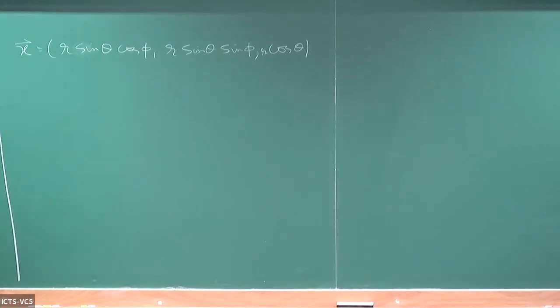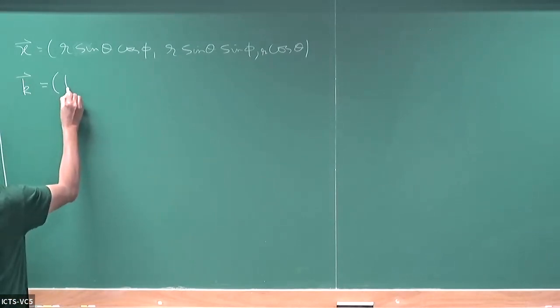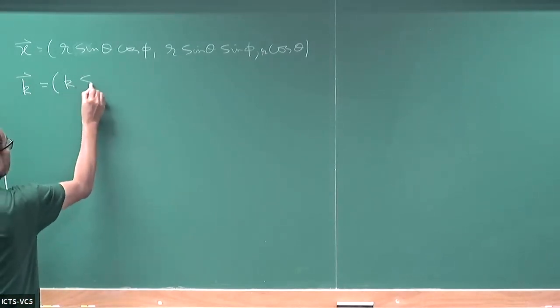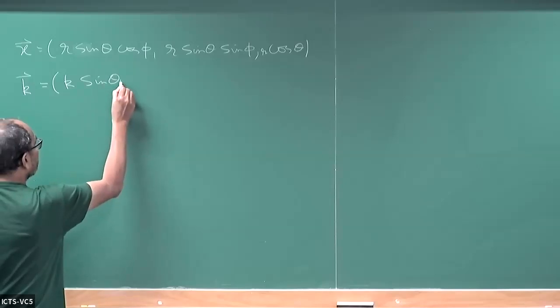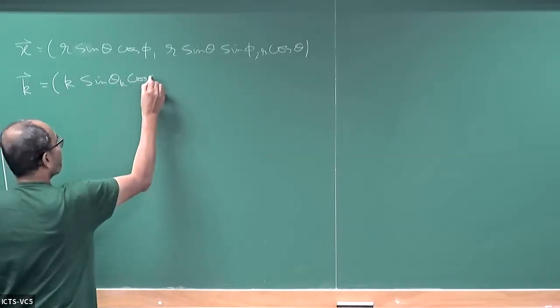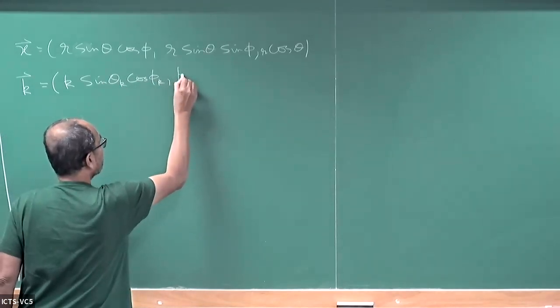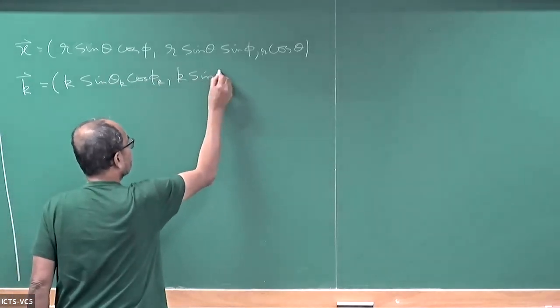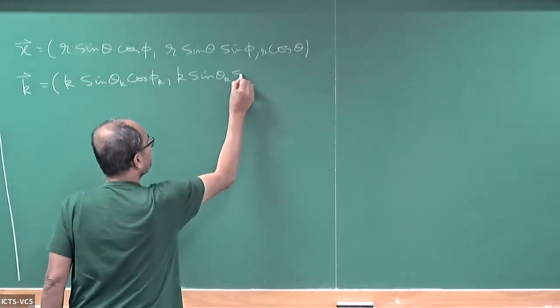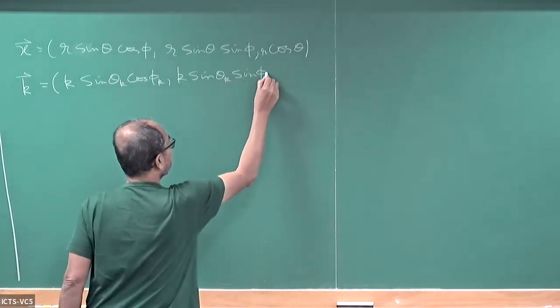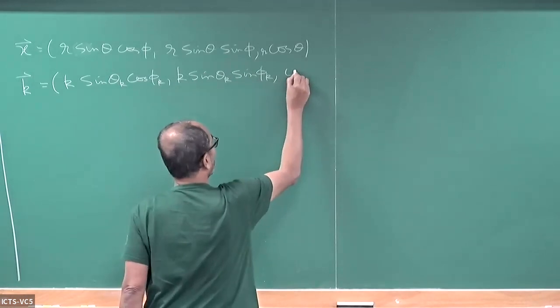And we are going to use a similar labeling for the momentum. We'll write this as k sin theta k cos phi k, k sin theta k sin phi k, and k cos theta k.